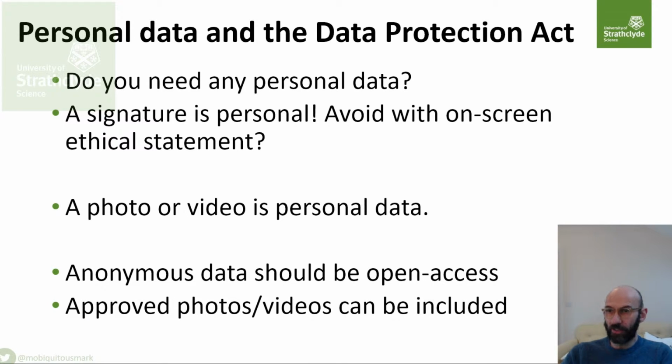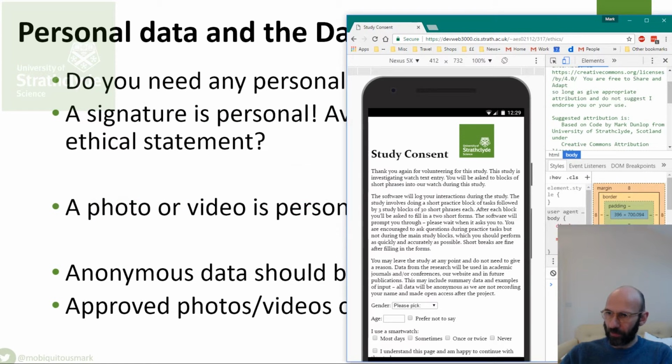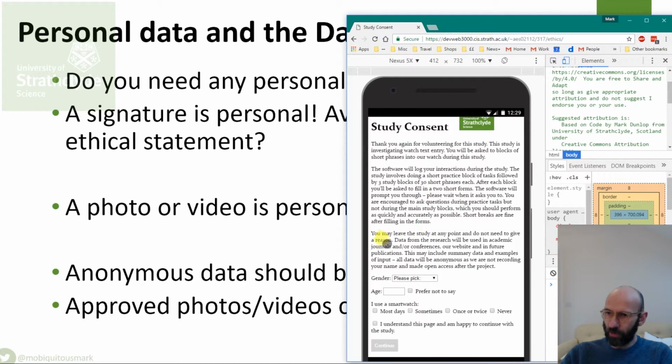is to avoid the signature with an on-screen ethical statement. So here, for example, I've got a phone interface and it says study consent. Thank you for agreeing to take part in the study. The software will do the explanation of what's going on, what I expect from you. You may leave the study at any point. I've simplified this and ruled out the photography because that just makes it complicated.